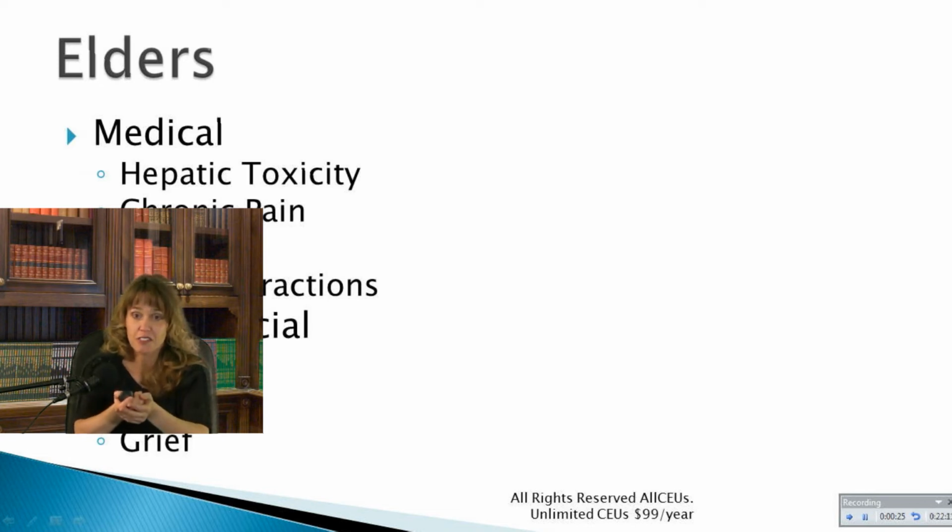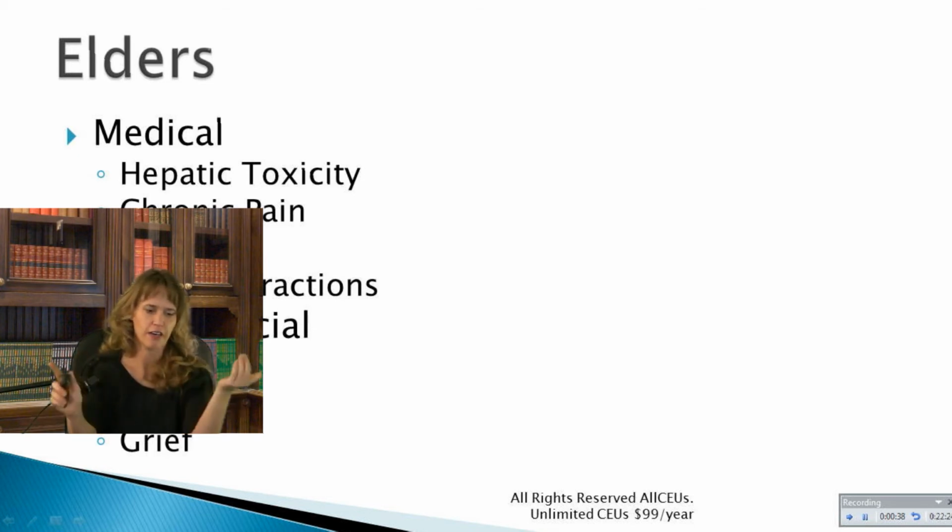Medication interactions. Most of you know people who are elderly who are on like 17 different medications. Blood pressure medication, sugar medication, pain medication, glaucoma medication, you name it, there's a medication for it. We need to be aware of what medications they're on and what side effects they may have.